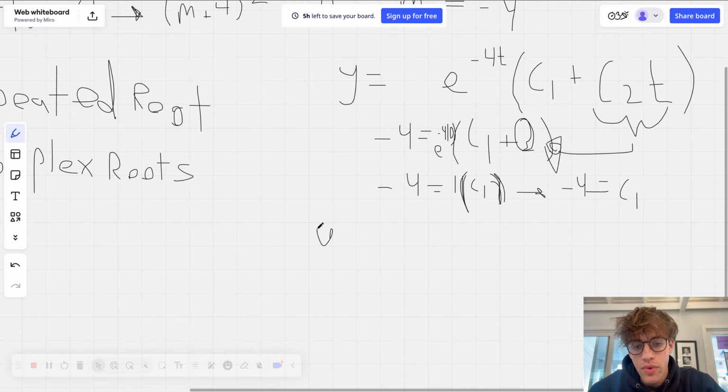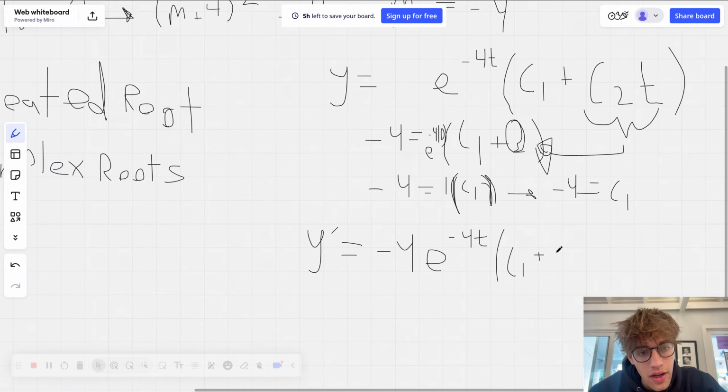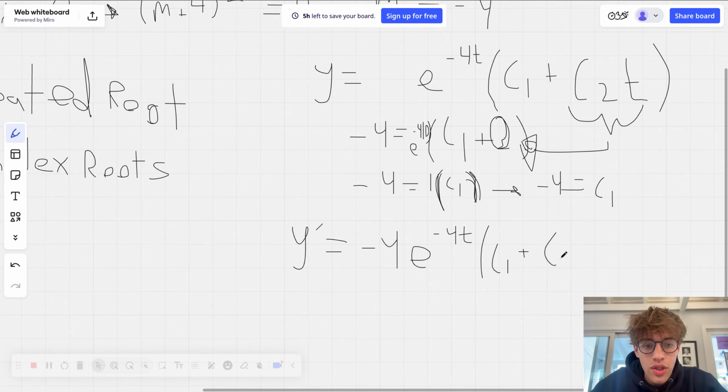With respect to t, the derivative of the first part is just -4 e to the -4t, times the second part, C1, which we know is -4, we'll plug that in after, plus C2t.